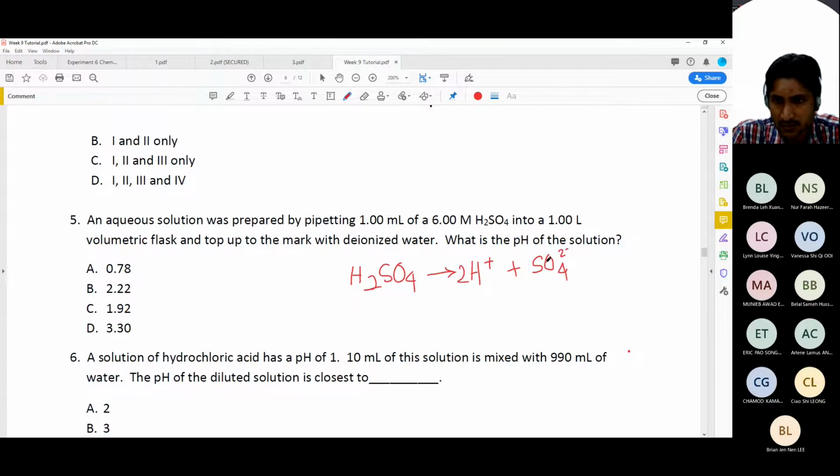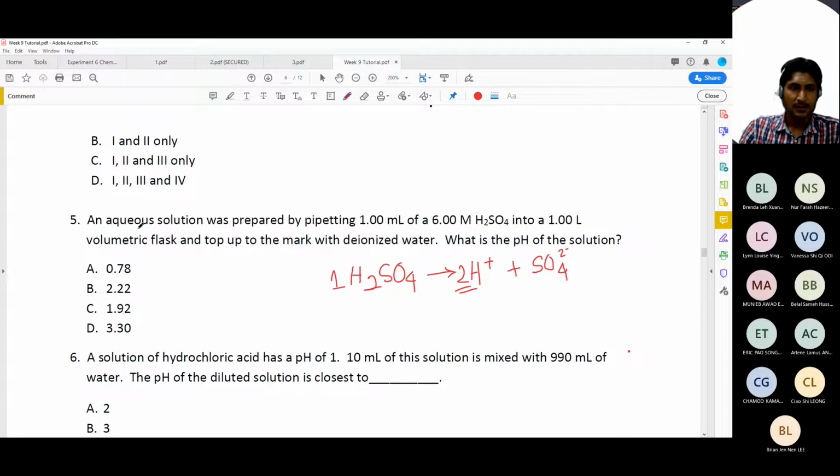So 2 hydrogen ion and sulfate ion. So what is happening here is that 1 mole of sulfuric acid is producing 2 moles of hydrogen ion. So 3 will produce 6 hydrogen ion. So double amount of hydrogen ion is being produced.